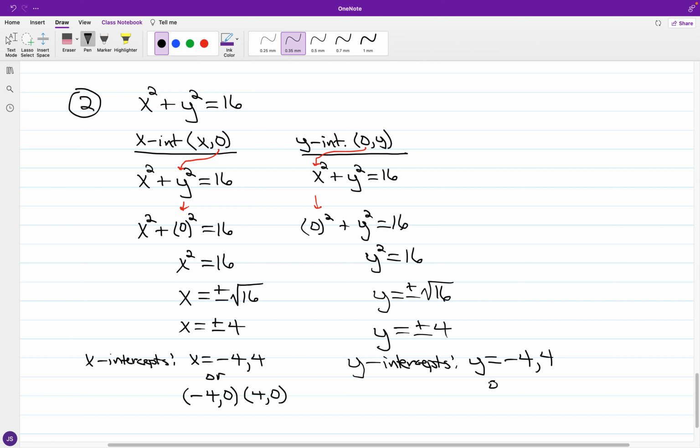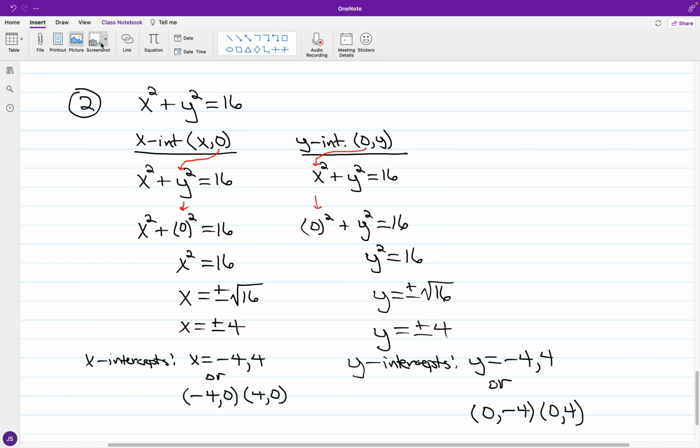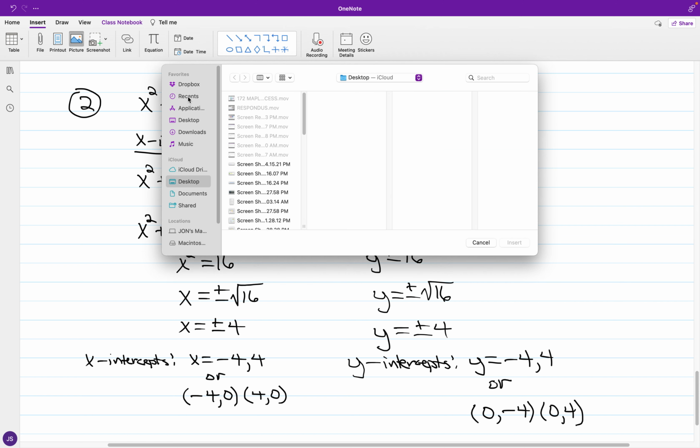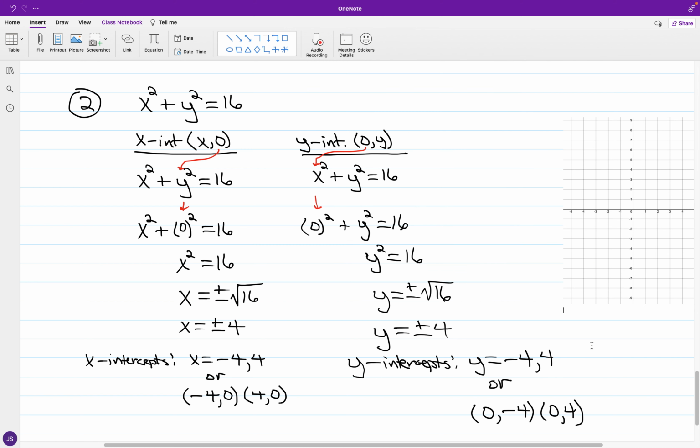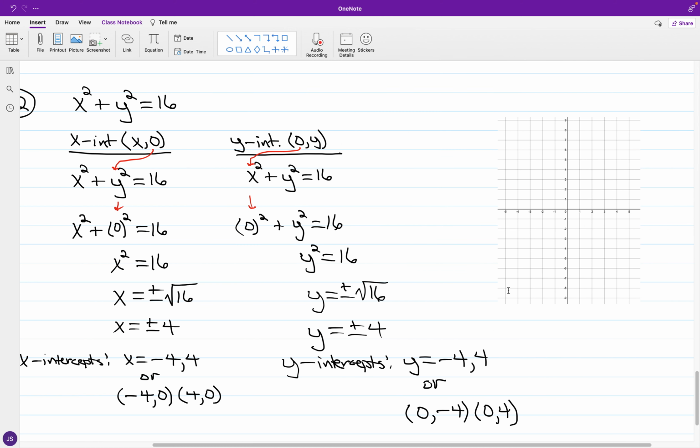And again, in coordinate fashion, not (-4, 0) or (4, 0), but (0, -4) and (0, 4).